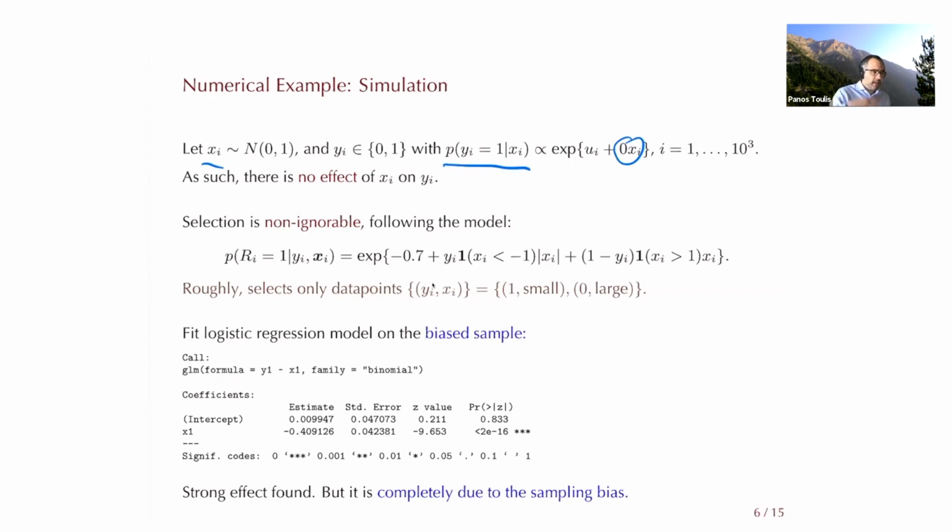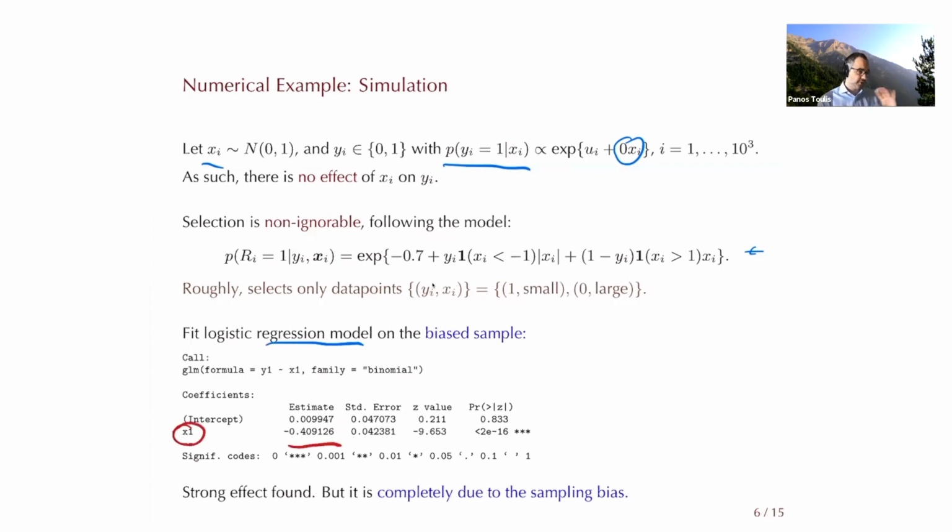And I set up a selection mechanism, this binary variable R, as being non-ignorable. And I'm using this complicated formula. It's not as hard as it looks. Roughly speaking, we're only going to select data points where y is equal to 1 and x is small, and y is equal to 0 and x is large. Okay, so artificially, I'm introducing this bias such that when you run your regression model on the observed data, you get a coefficient here that's minus 0.4.